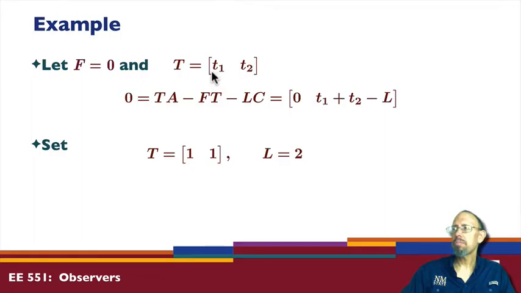T we then define to be this quantity, and when we multiply all this out, we get this expression, and we need this all to be 0. This one's already 0. To make this 0, I have an infinite number of choices. L can be given as the sum of T1 and T2, so if I let T1 and T2 be 1, then L is equal to 2, and we have a deadbeat observer.